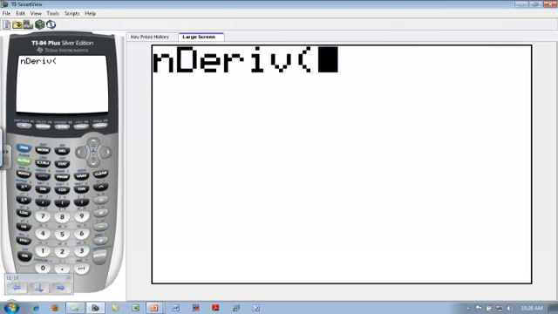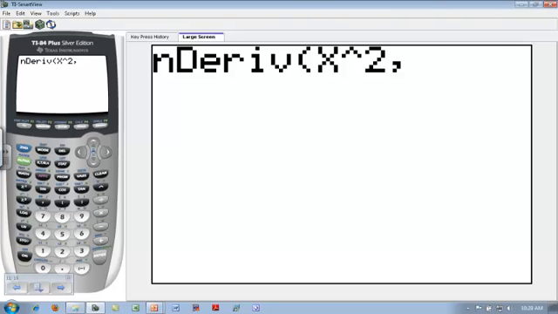The syntax, or the order that you have to put things in for nderiv, is a little bit harder, but it works like this. You start with an expression, the function that you want to take the derivative of, x squared. Oops, I missed my caret. There, x squared, comma.